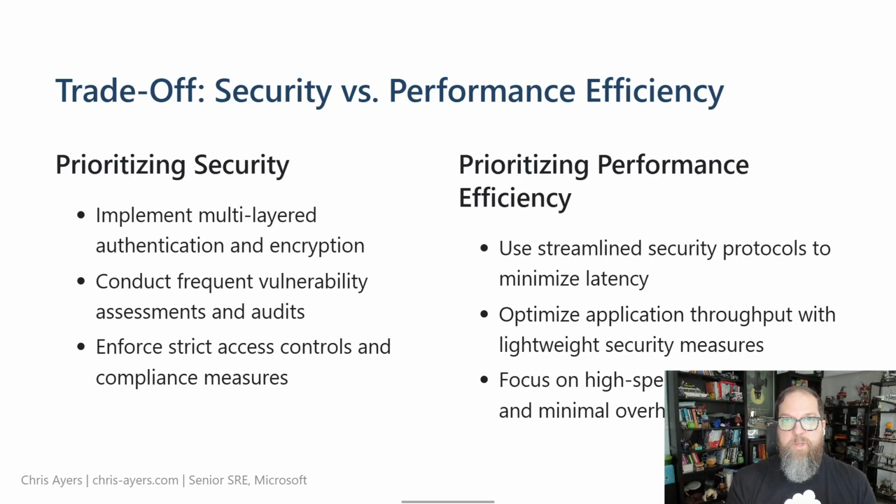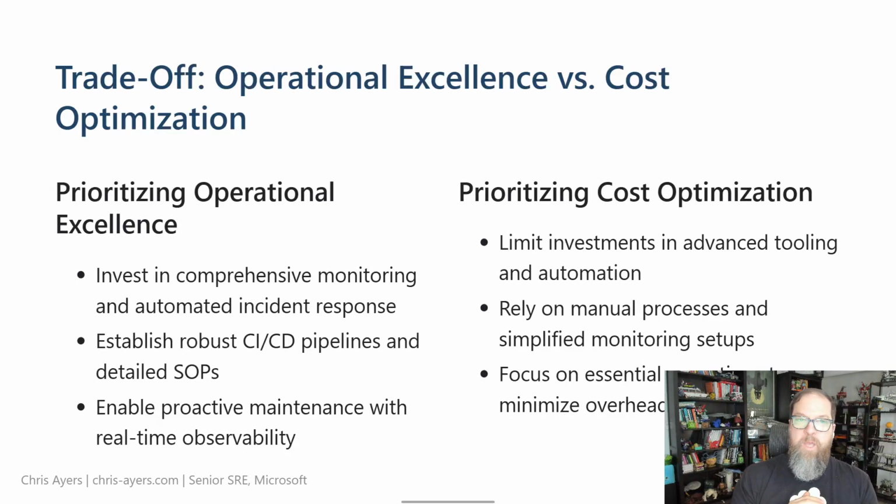They care about performance. You want to be able to play the game with minimal latency, minimal lag. And so adding additional protocols and additional routing, maybe that would affect that. So every organization, every business requirement has slightly different needs that are going to lean you towards one pillar or another.